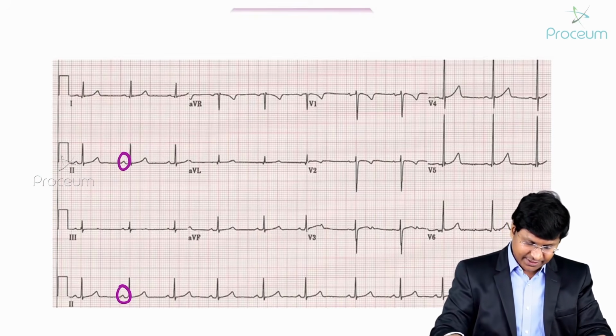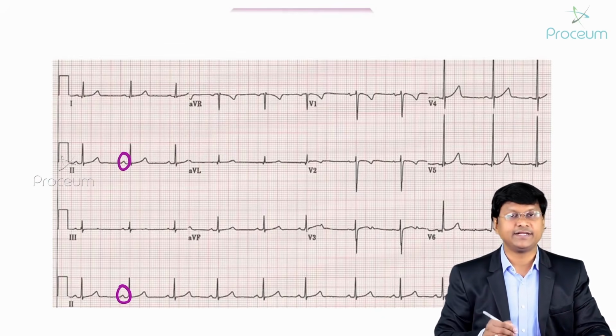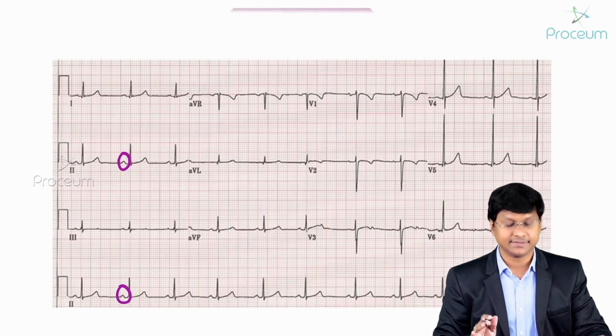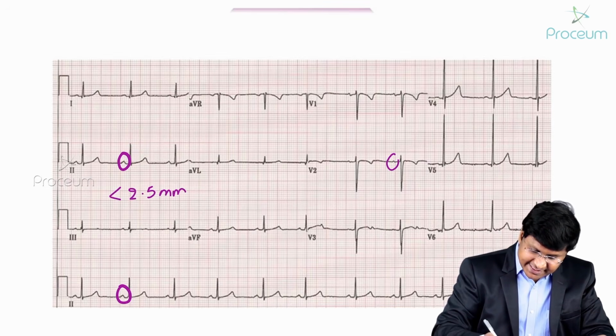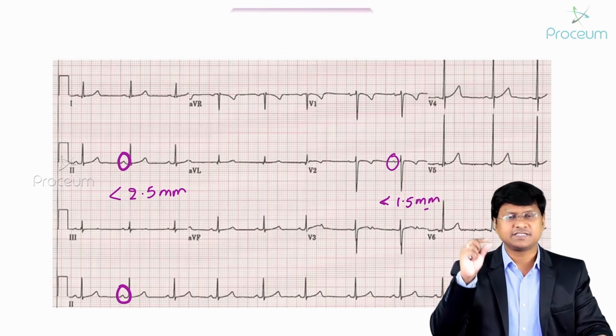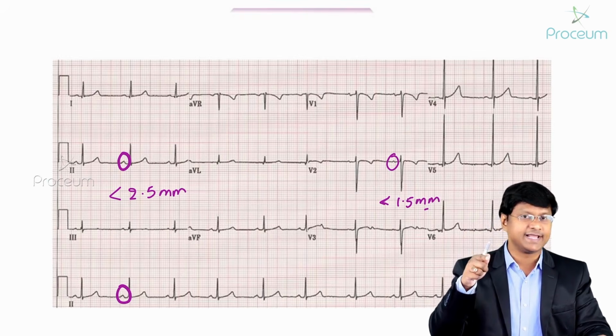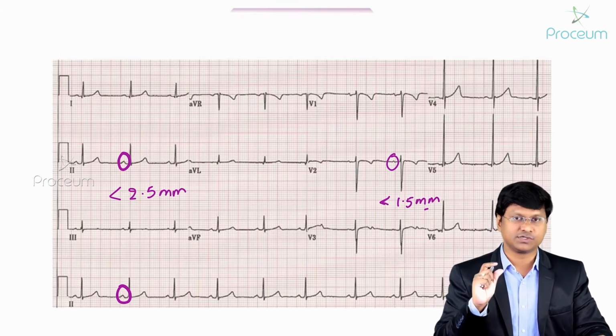That is the reason lead 2 is considered the standard lead. In the limb leads, the amplitude is less than 2.5 mm, whereas in the chest leads, it is less than 1.5 mm. 1 mm is one small box on the y-axis, so less than 2.5 mm means less than 2.5 small boxes.